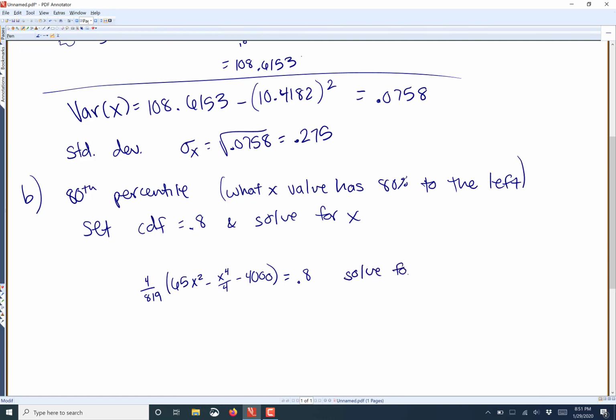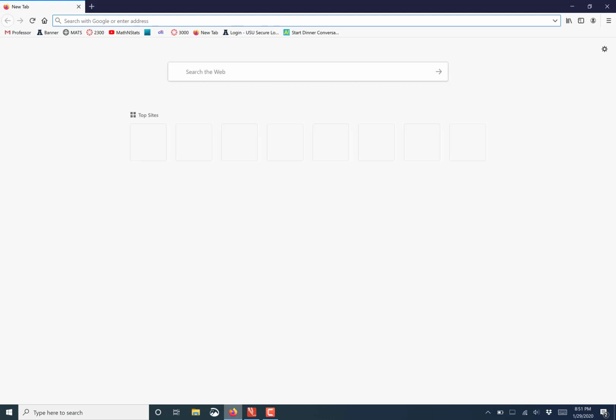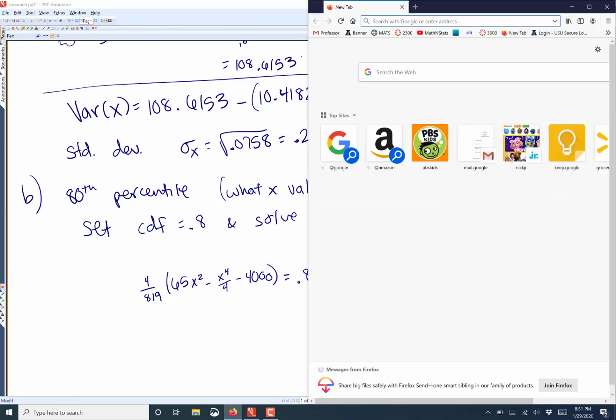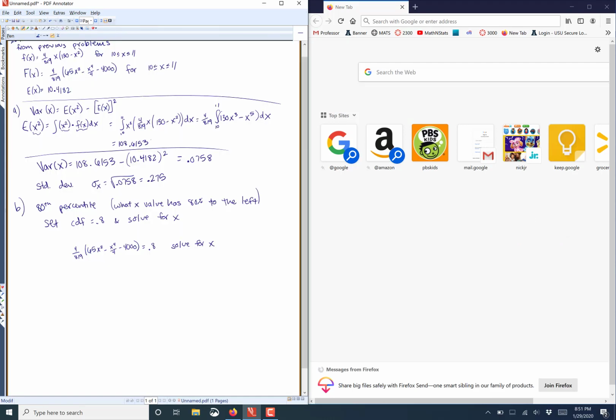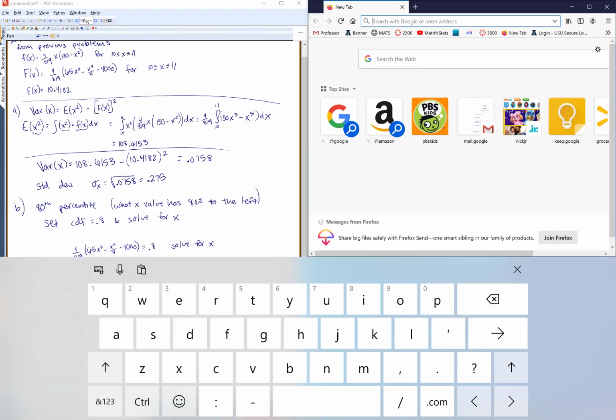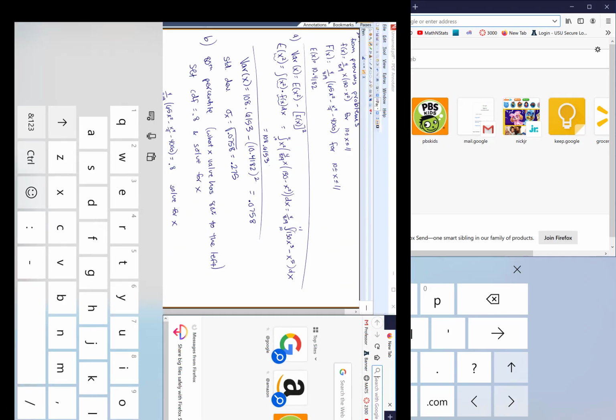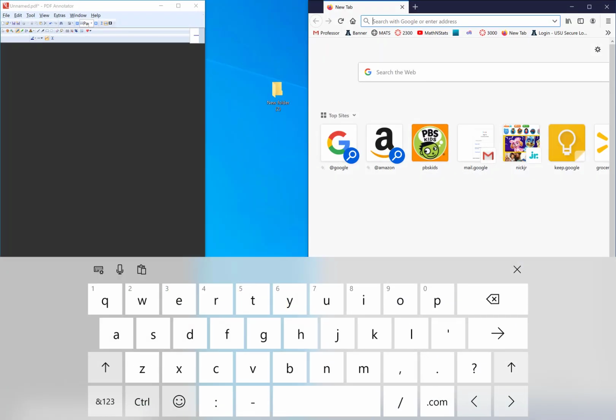Now, I don't want to do this by hand. It's going to take a long time. I'm not going to ask you to do something that hard by hand on the exam, just because I don't want to have you spend all your time doing that on exams. So instead, let's go to Wolfram Alpha, or your calculator, or whatever you prefer to do this in.